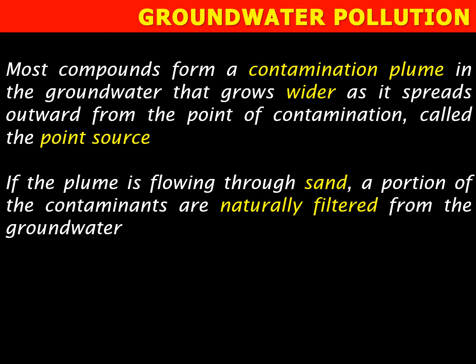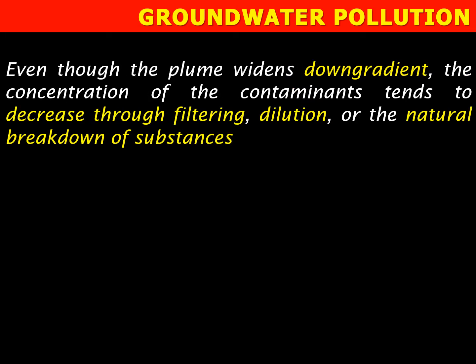If the plume is flowing through sand, a portion of the contaminants are naturally filtered from the groundwater. Even though the plume widens downgradient, the concentration of the contaminants tends to decrease through filtering, dilution, or the natural breakdown of substances.